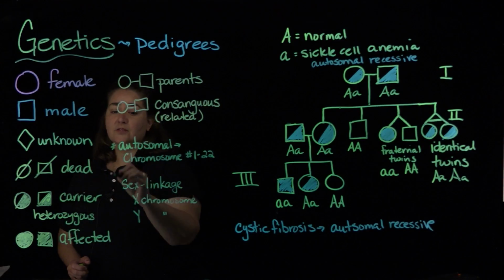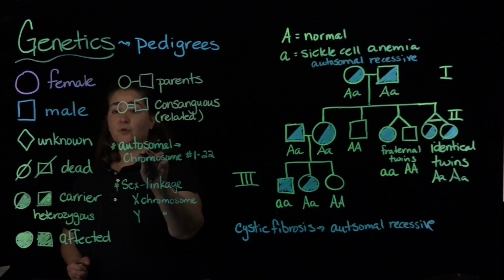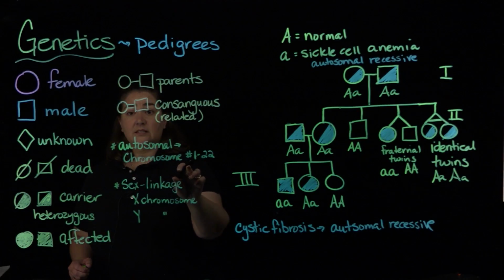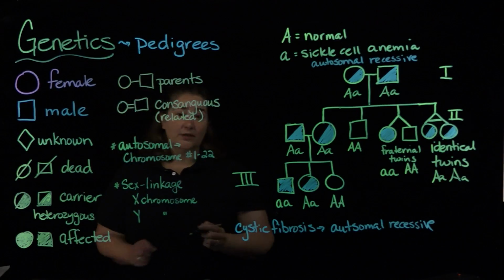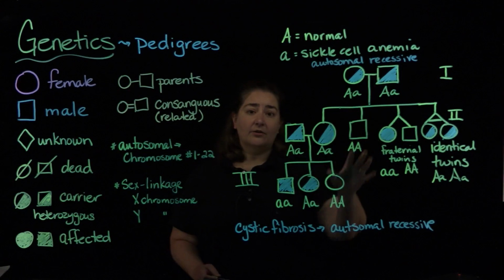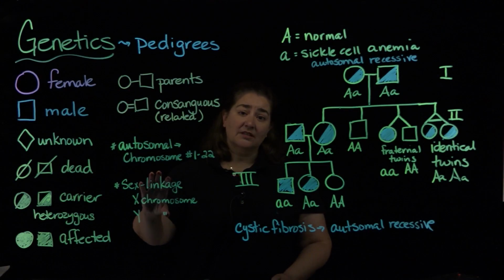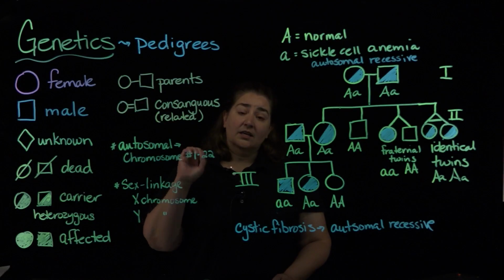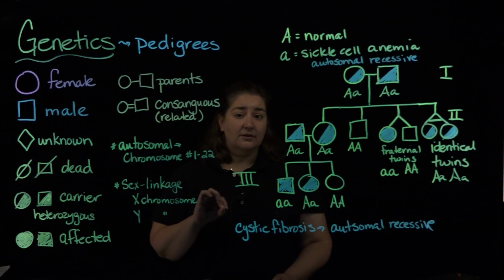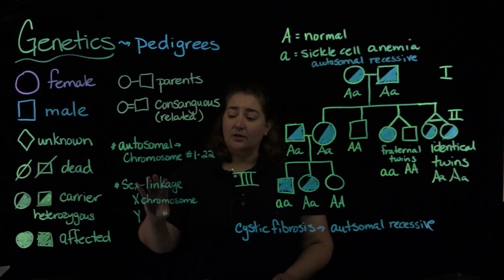But really, that's the difference we're talking about. If I tell you it's an autosomal trait, it means it's got to be on chromosomes 1 through 22, so it's going to follow normal Mendelian genetics. If I tell you something is a sex-linked trait, inheritance is going to be a little bit different, and we'll talk about those differences in another video.